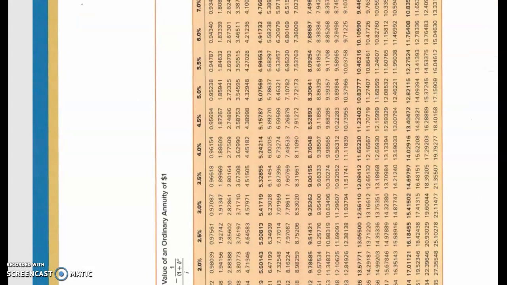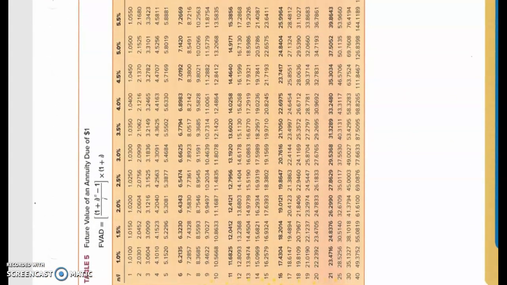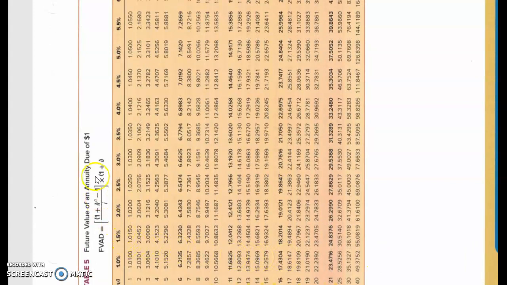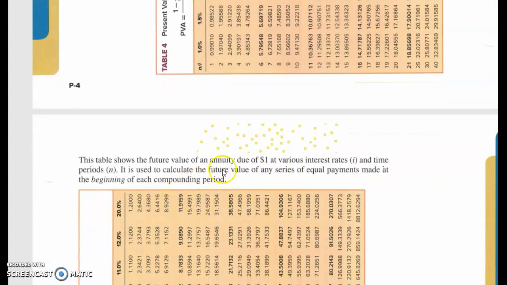Moving on to Table 5. Table 5 is the future value of an annuity due. And that table is used to calculate the future value of any series of equal payments made at the beginning of each compounding period.